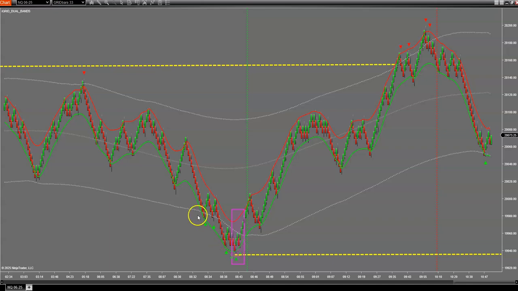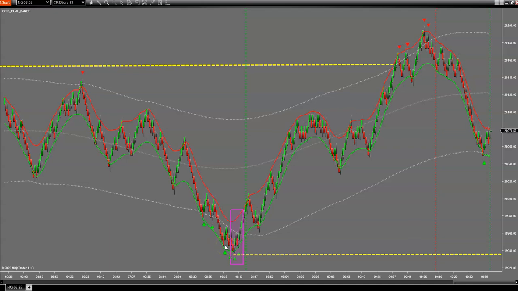We don't use these as actionable trade entry points. You could if you optimize it, then you could use the triangles as optimized entry points if you want to do little micro grid trading on a very optimized set of settings. That's a separate subject.